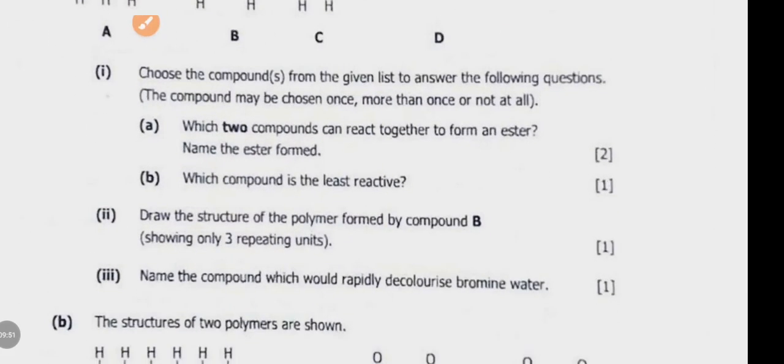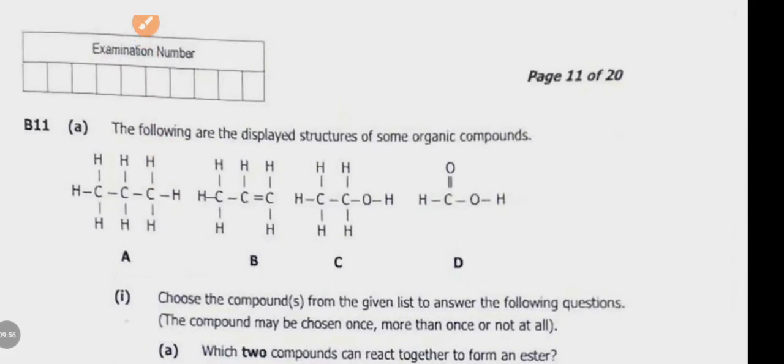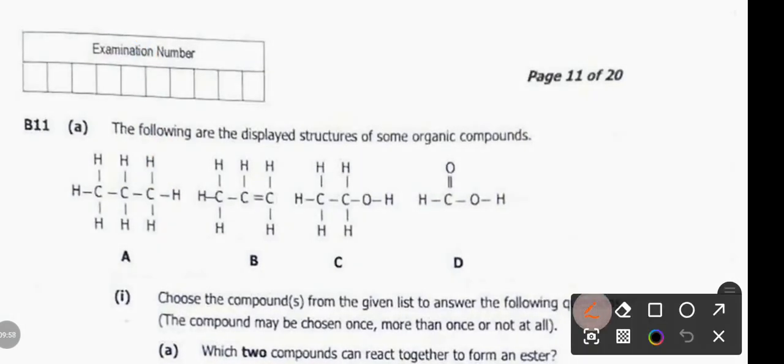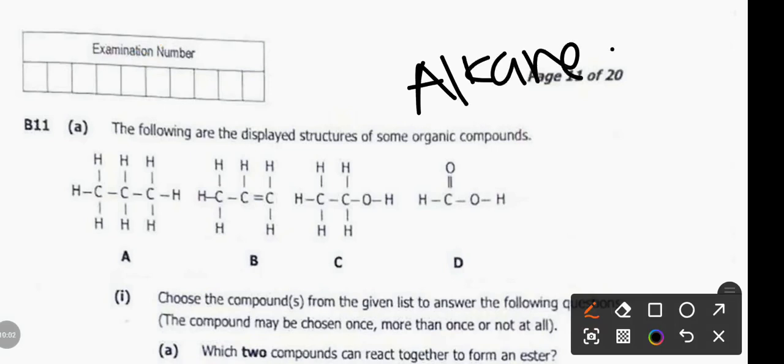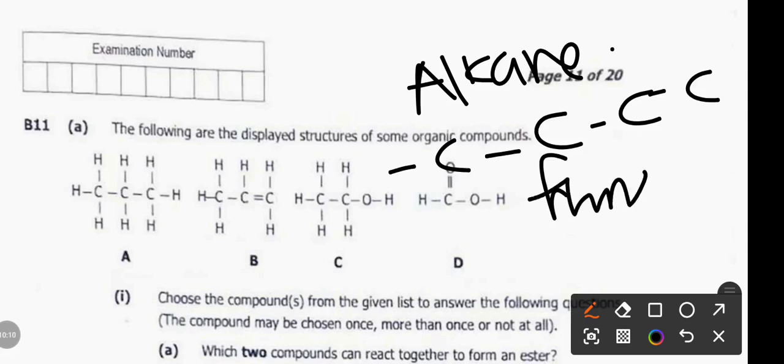Question B, which compound is the least reactive? Here the least reactive compound should be an alkane. Why? Because alkanes are characterized by the presence of single carbon to carbon bonds, and they do not have a functional group.